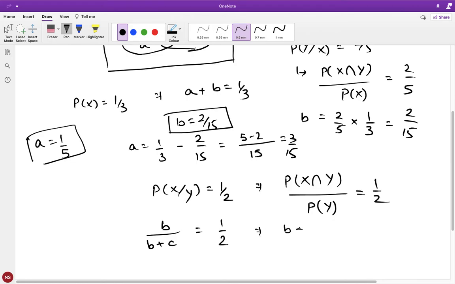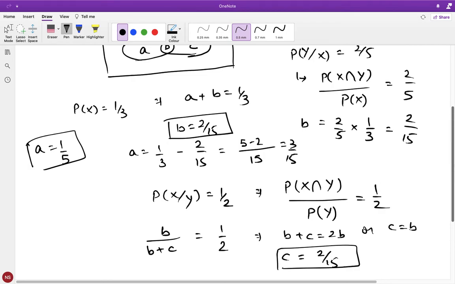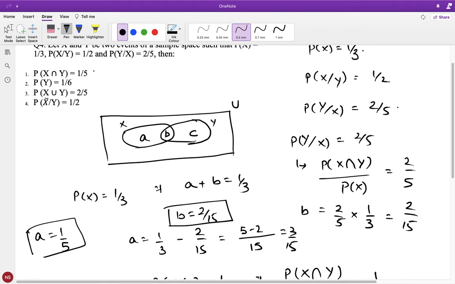This implies that B plus C is equal to 2B, or C is equal to B. C is also equal to 2 by 15. Now A is 1 by 5, B is 2 by 15, C is also 2 by 15. So P of X intersection Y is nothing but B, which is 2 by 15. So this option is incorrect.